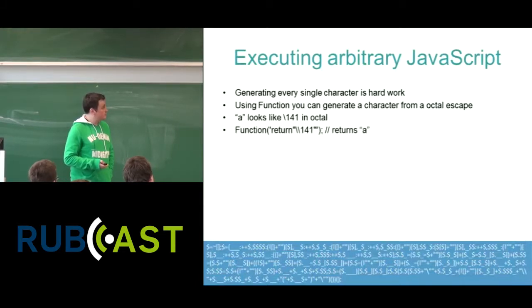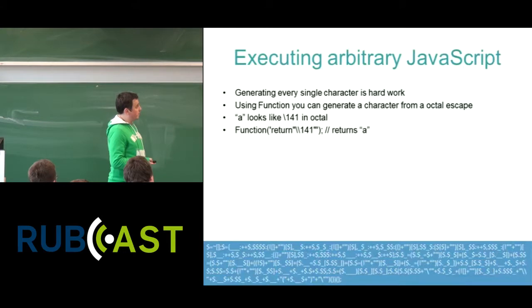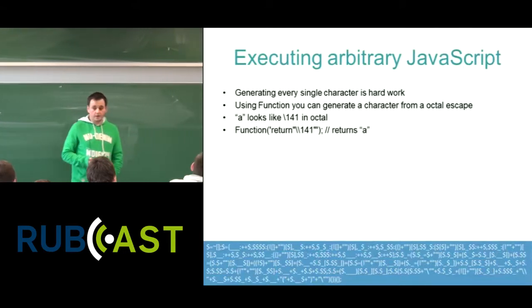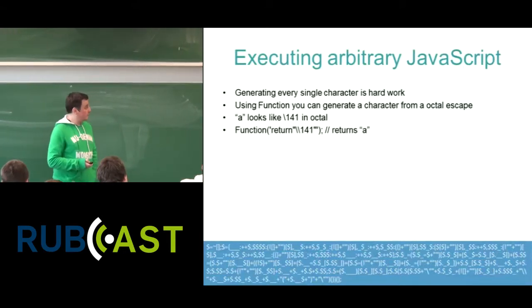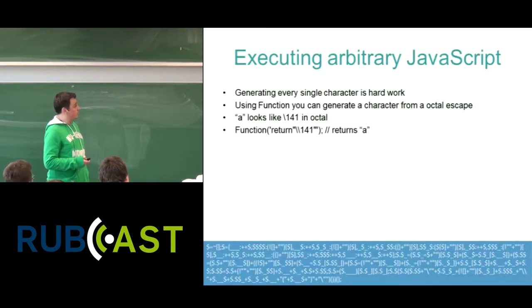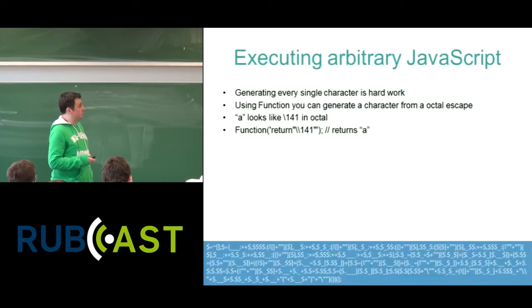Notice we double backslash escape the value there because we want it to return the character a. So we need to generate the 141, put the backslash in, and generate return. Once you do that, you can basically return any string, any letter, using the function call.